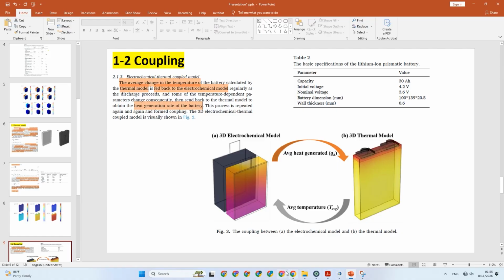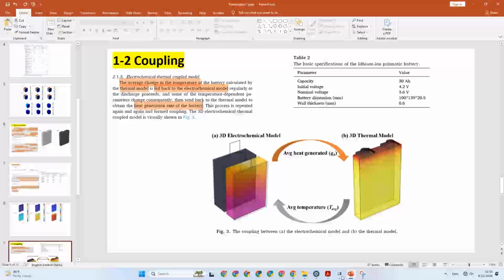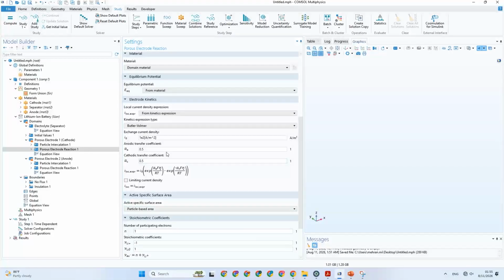Okay. What is that? We continue. What is that? I don't know. It's particle base, exchange current density, XPR.